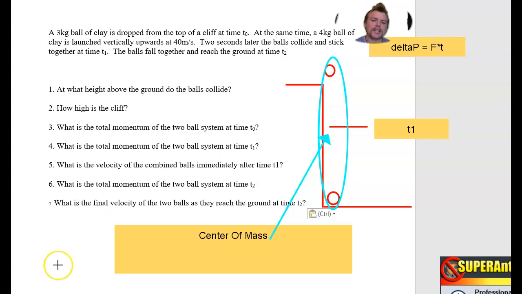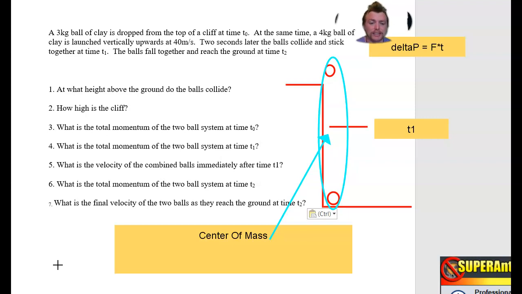And the other interesting thing about that center of mass is because it's the center of mass of that system, and we have a constant force, the force of gravity, acting on there. If we followed the path of the center of mass, the center of mass would follow the same path as an object in free fall, right?